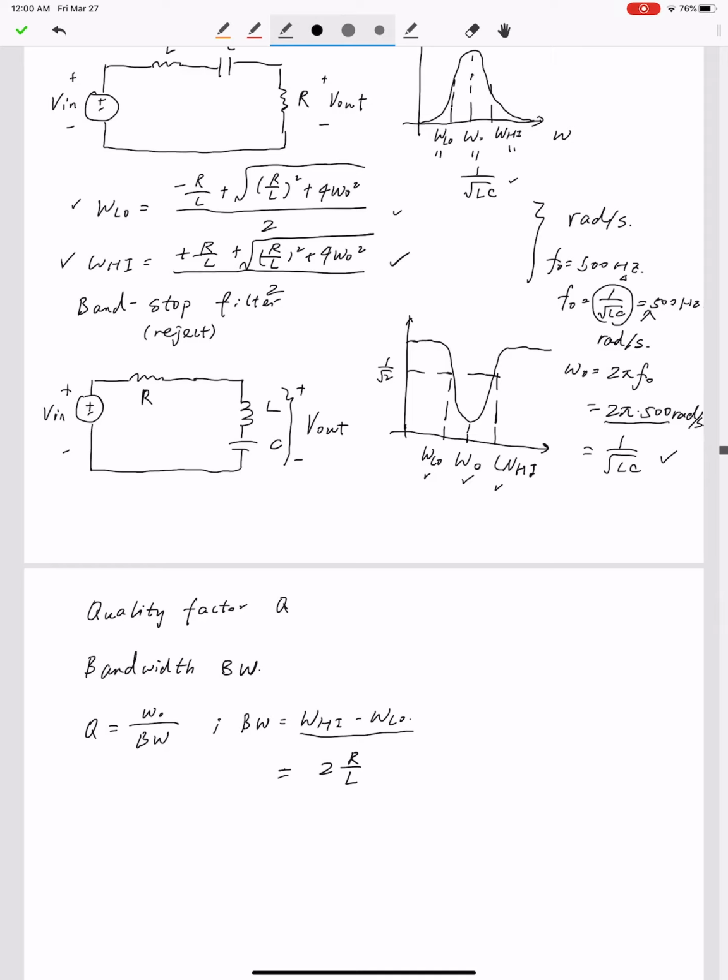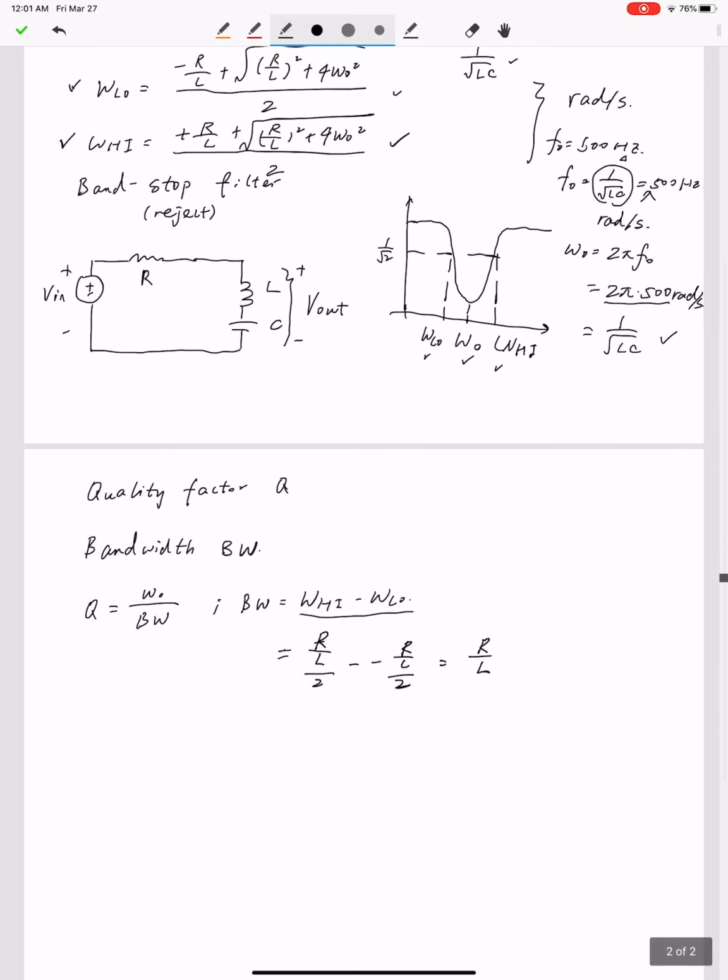Because they have similar structure. I'm sorry, that should be R over L, because when you subtract these two expressions, the result is R over L divided by 2 plus R over L divided by 2, and that should be R over L. So that's how we calculate the bandwidth.